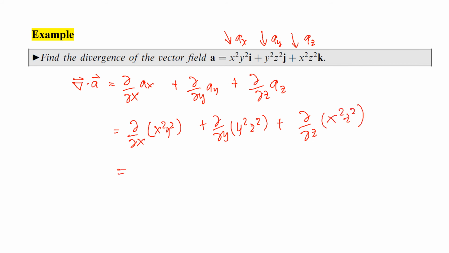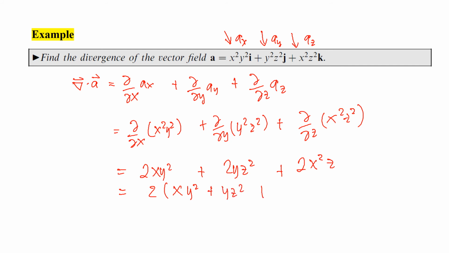So here, the result is 2xy squared plus 2yz squared plus 2x squared z. Or we can take the number 2 outside: 2 times (xy squared plus yz squared plus x squared z). So this is the divergence of the vector field given in the problem.